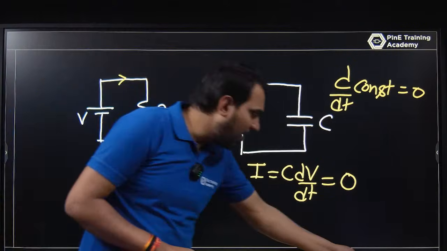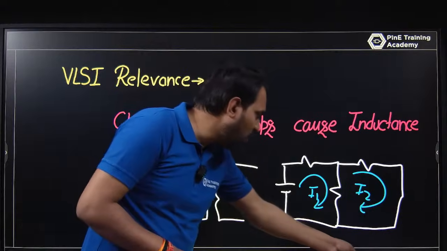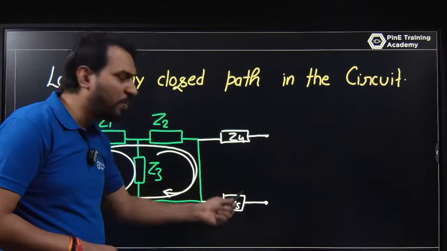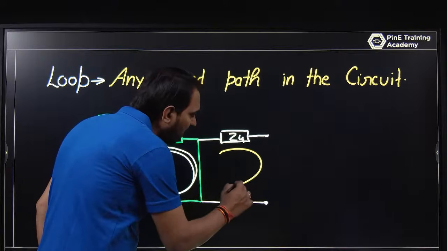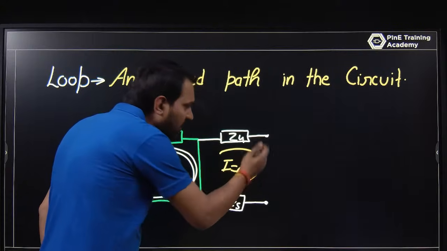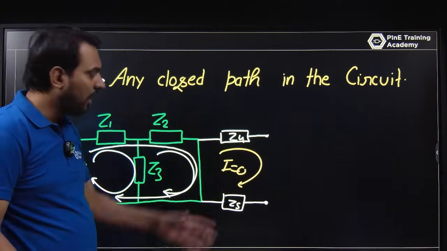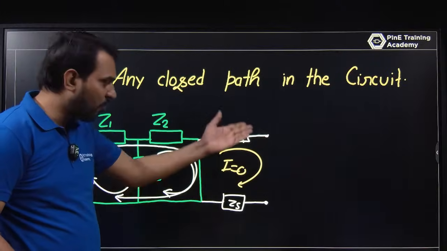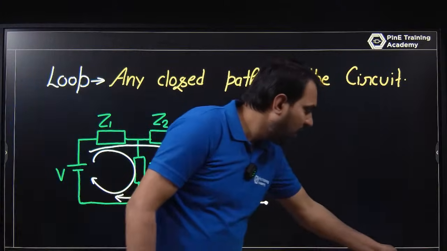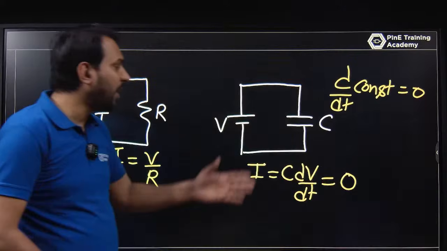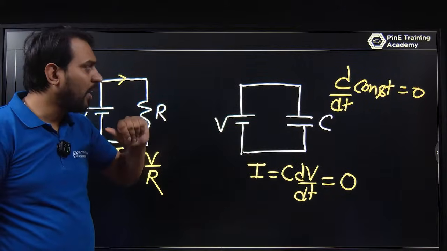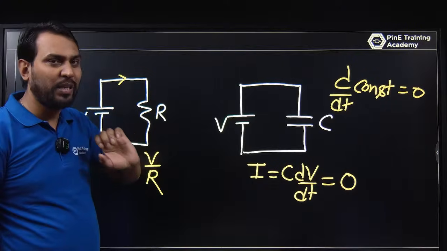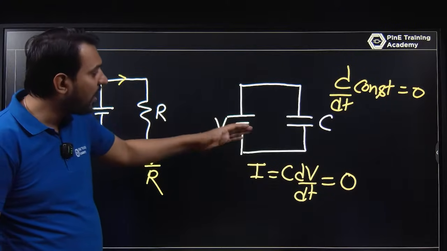Similarly, in a loop, if you have a loop and current is not present, what does that mean? The current is 0 here because this is open. It acts like an open circuit. Similarly, I am talking about this circuit: the capacitor acts like an open circuit. Why?